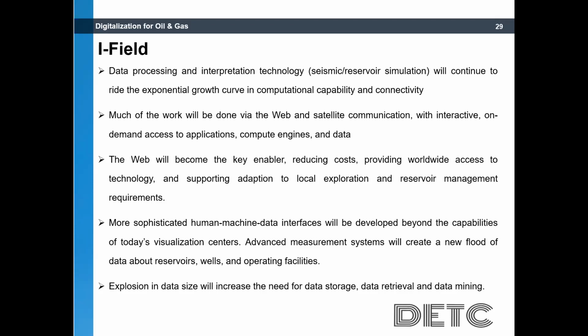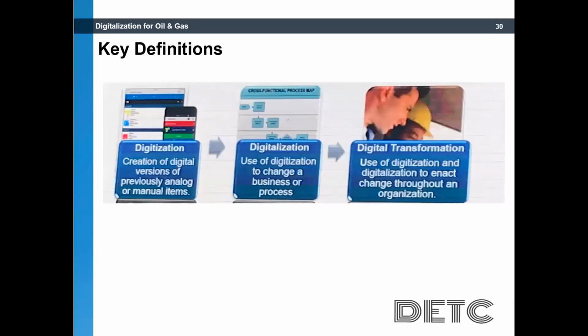And the web will continue to be an enabler to reduce costs and support real-time work environments. And finally, this will skyrocket the volume of data and will generate more opportunities for data management and data analytics.